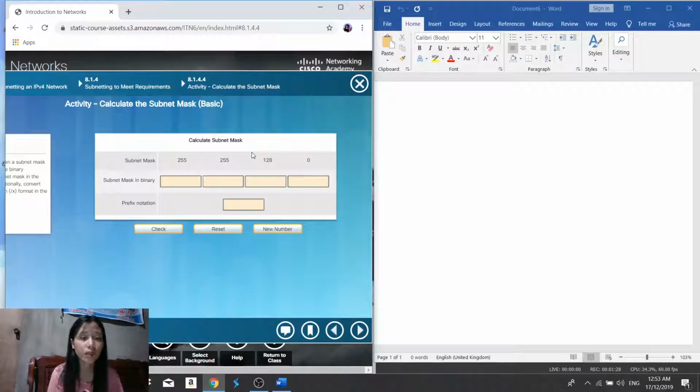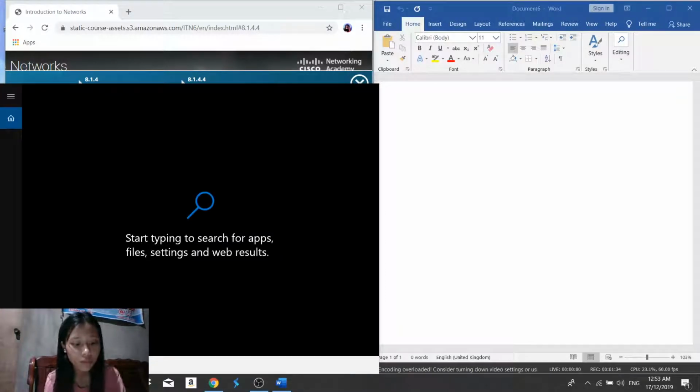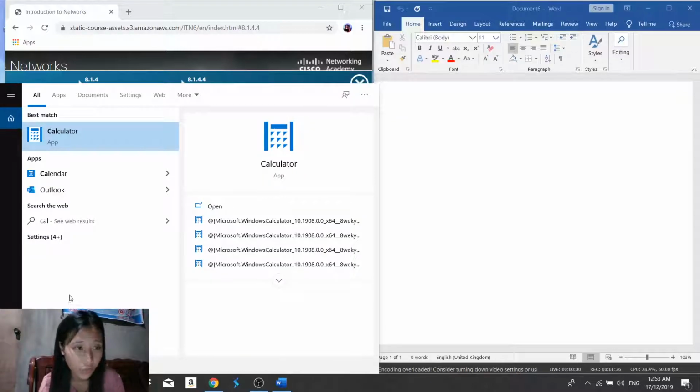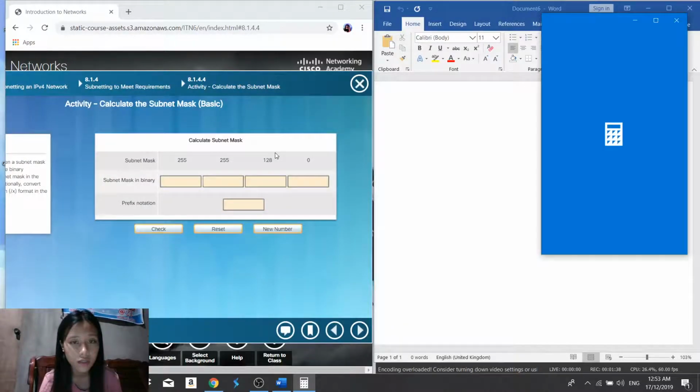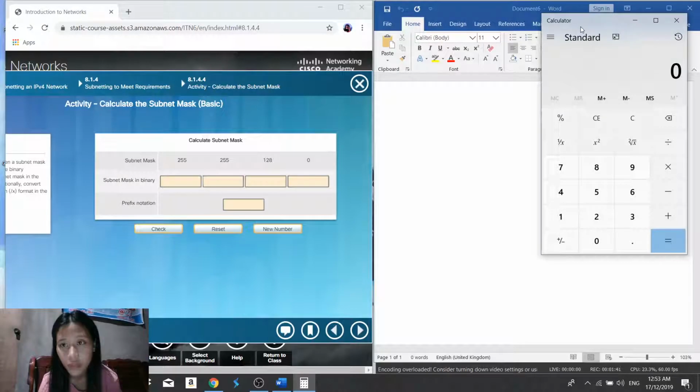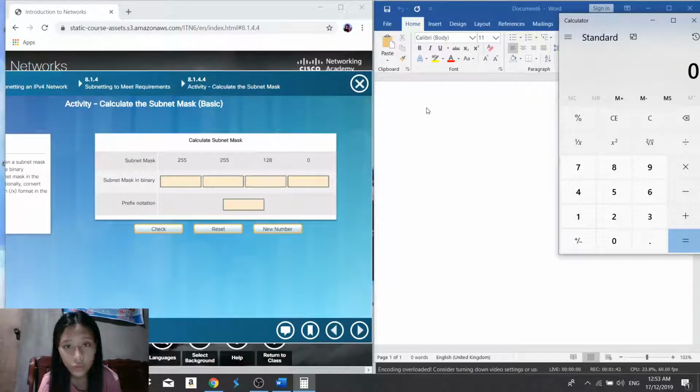So this one: calculate the subnet mask. I'm going to go to the calculator to help us calculate this subnet mask. So the subnet mask in here is 255.255.128.0.